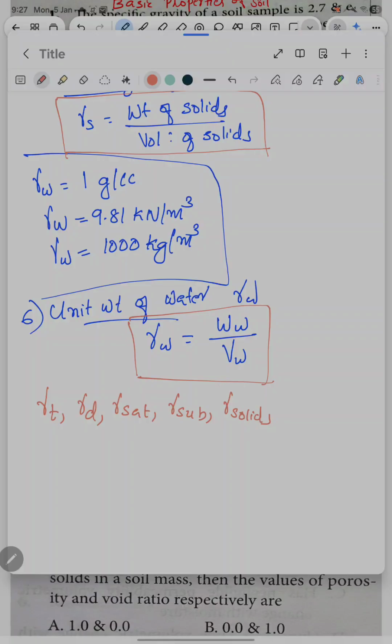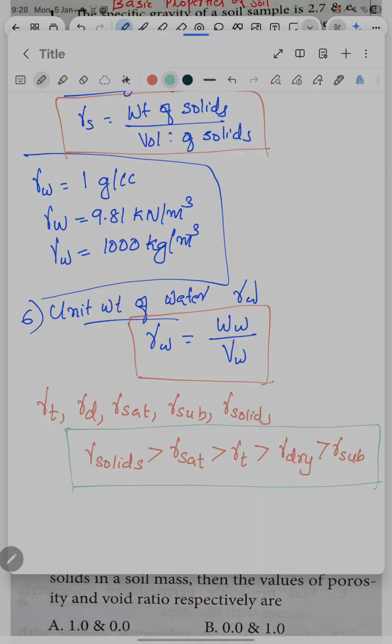We can write the order as gamma solids greater than gamma saturated greater than bulk unit weight greater than dry unit weight greater than submerged unit weight. This is the decreasing order of unit weights. So first solids will come, then gamma saturated, bulk unit weight, gamma dry, and gamma submerged.